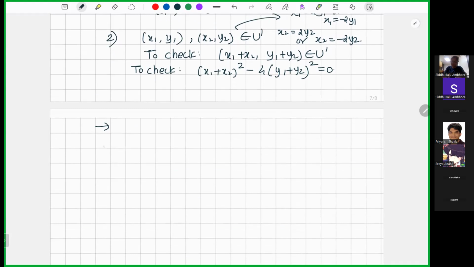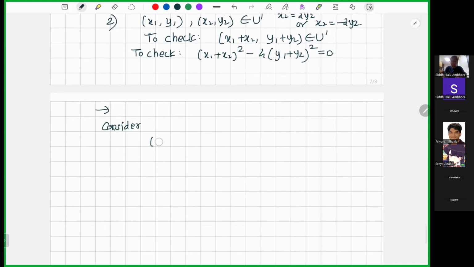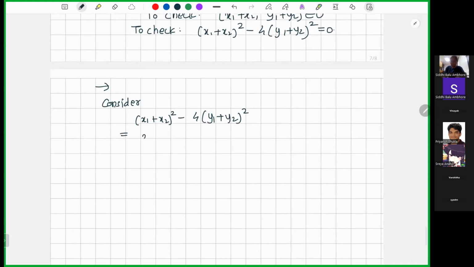So consider x1 plus x2 square minus 4 times y1 plus y2 square. So this will be x1 square plus 2x1 x2 plus x2 square minus 4 times y1 square plus 2y1 y2 plus y2 square.